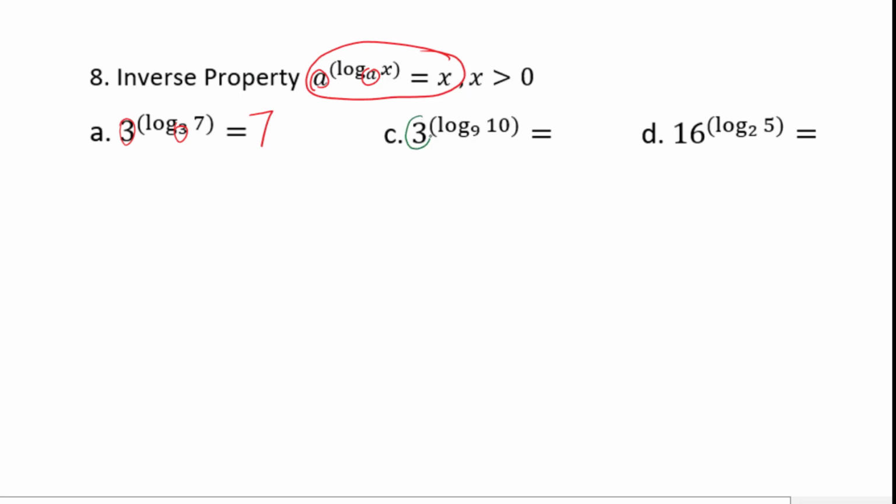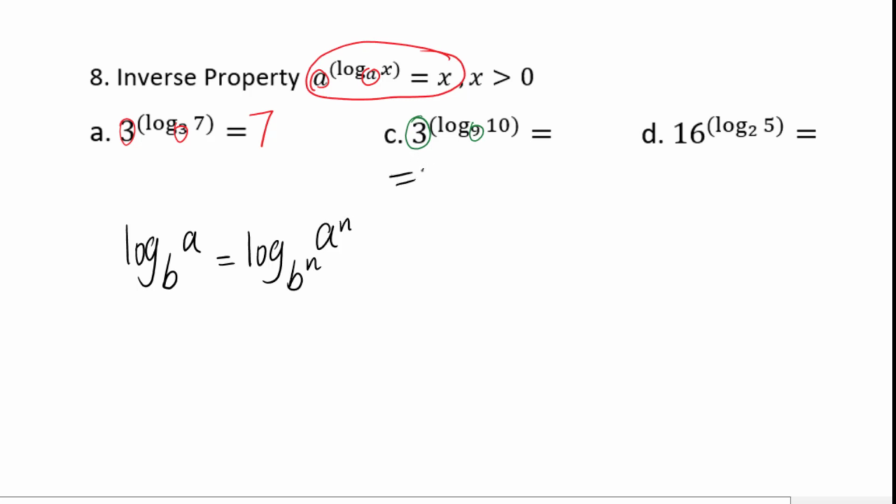Look at the C. We have 3 and 9. We will make the same base. Remember, we have this formula: log base B of A equals log base B to the nth power of A to the nth power. We will use this property.